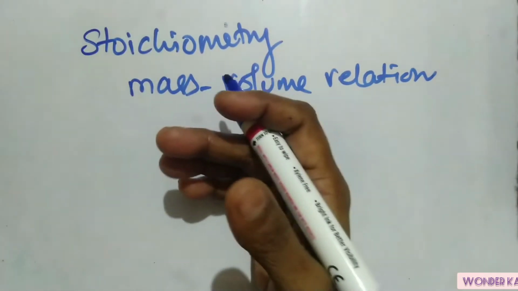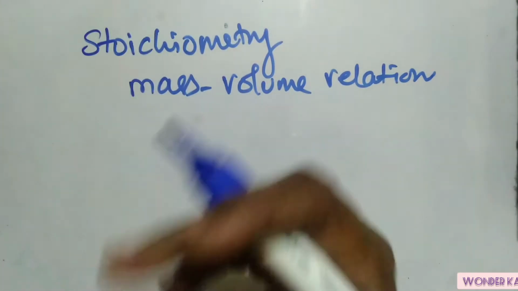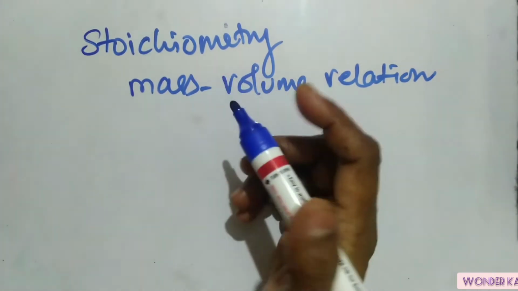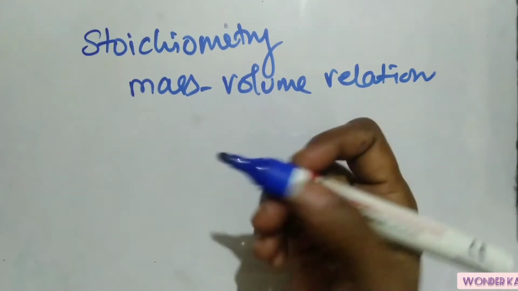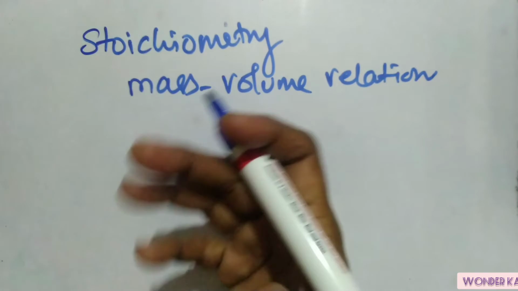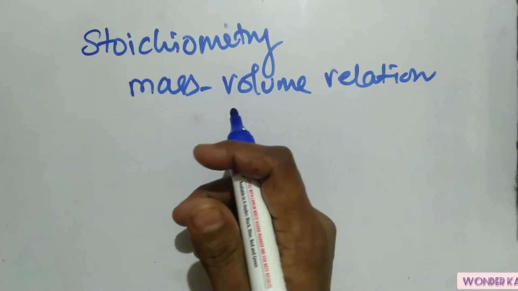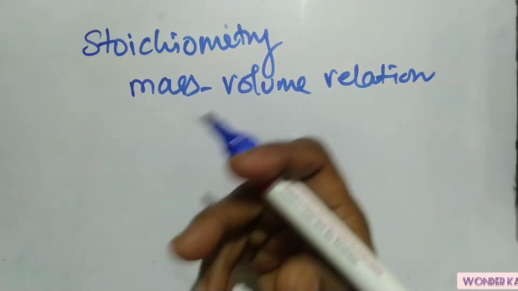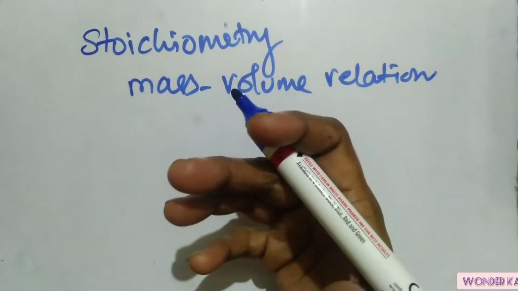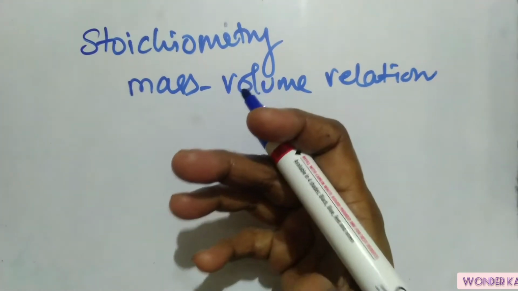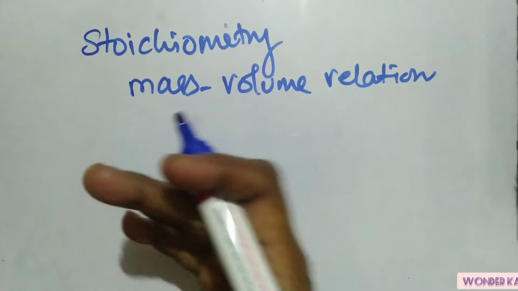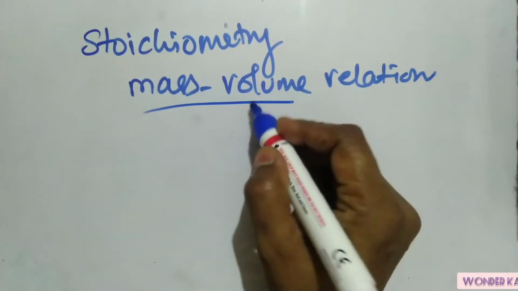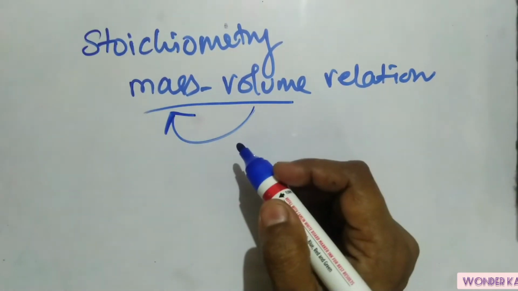Often the chemical reactions involve both solid as well as gaseous substances as either reactants or products. In such cases the numericals which we are going to solve are known as either mass volume type or volume mass type.